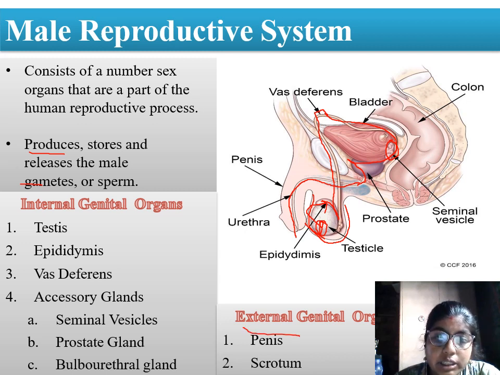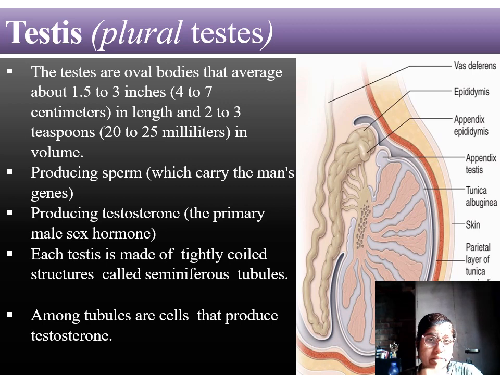The external genital organs are the penis and scrotum. And then the testis: what is the testis? In the previous slide I told you that the testis is located in the scrotum, which is outside of the body cavity, to maintain the certain temperature needed to produce sperm. The functions of the testis are, firstly, producing sperm, and another is producing testosterone, which is the main male sex hormone.